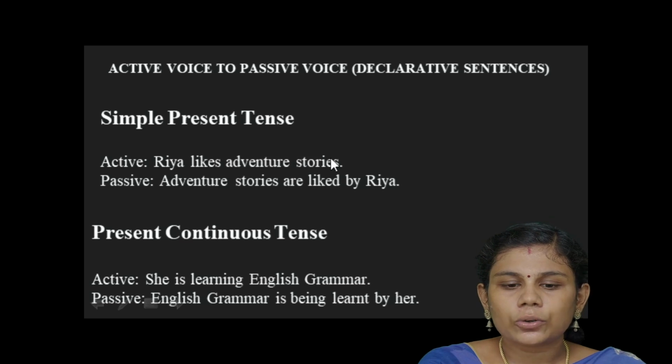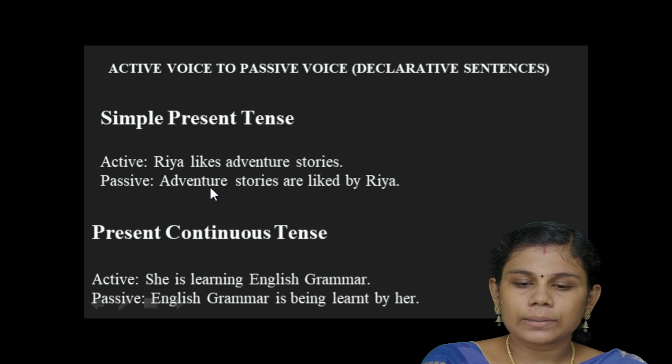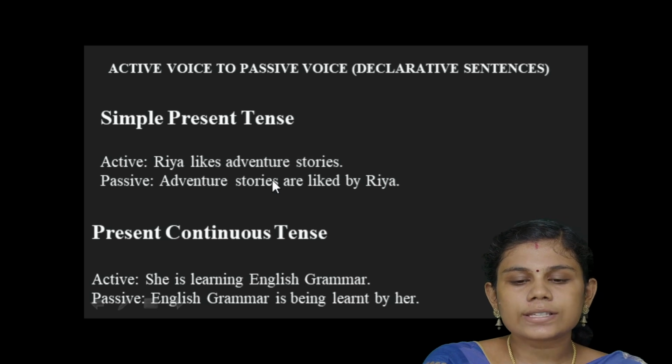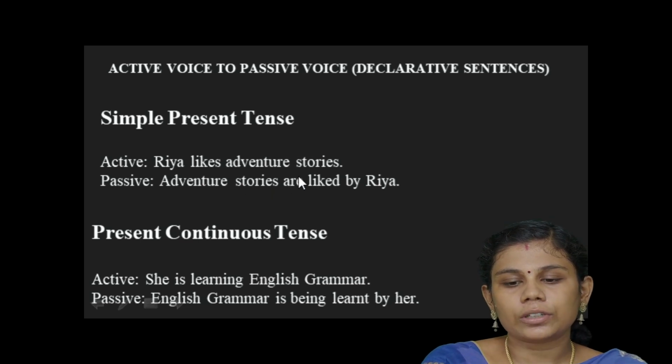Adventure stories will come to the subject position, and likes will change into are liked, because in the previous chart we have seen that according to the subject, the verb also changes. Stories is a plural noun, so we are using are, and likes should be changed into liked by Ria, because this is a passive voice. So we have to add the preposition by here.